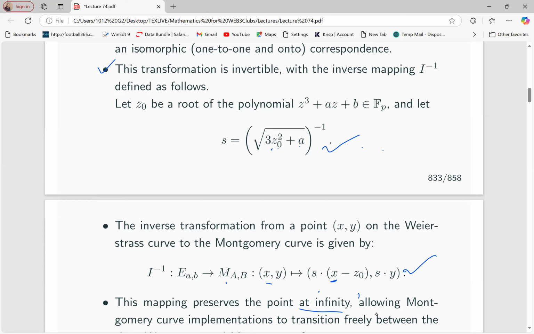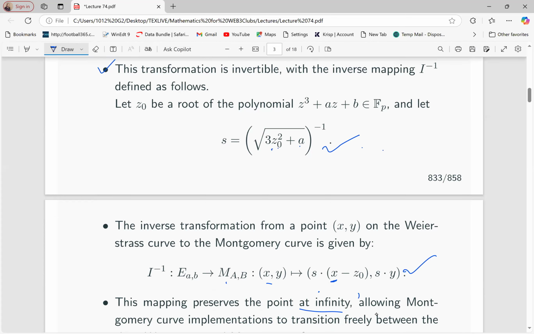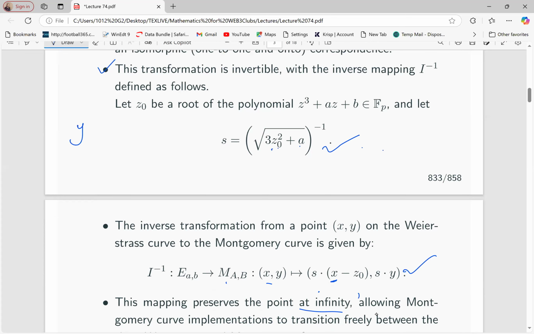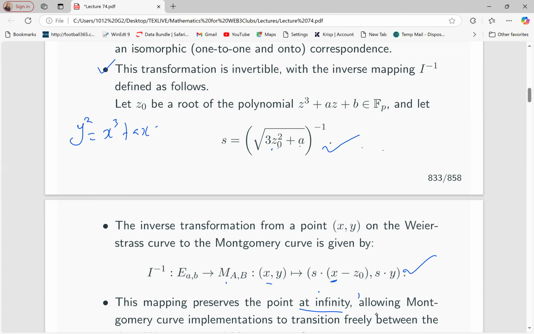Of course, you've been given the short Weierstrass equation, so you're also giving it A and B. If it has A and B, it can come up with this polynomial and find Z naught.